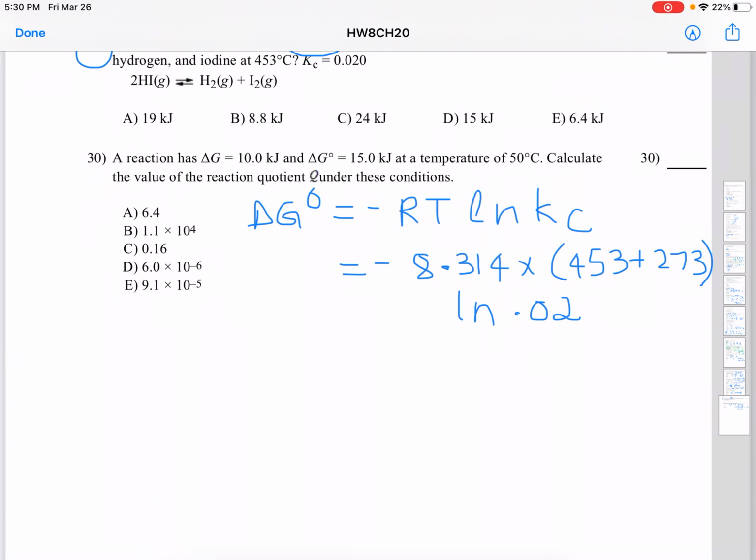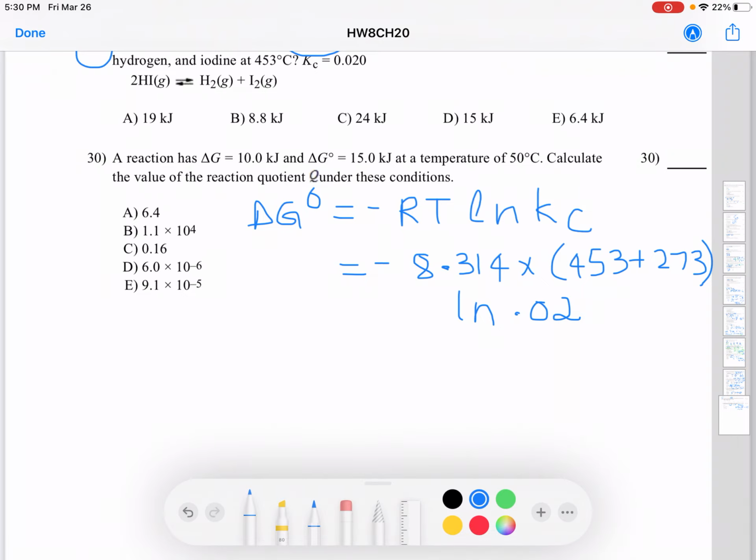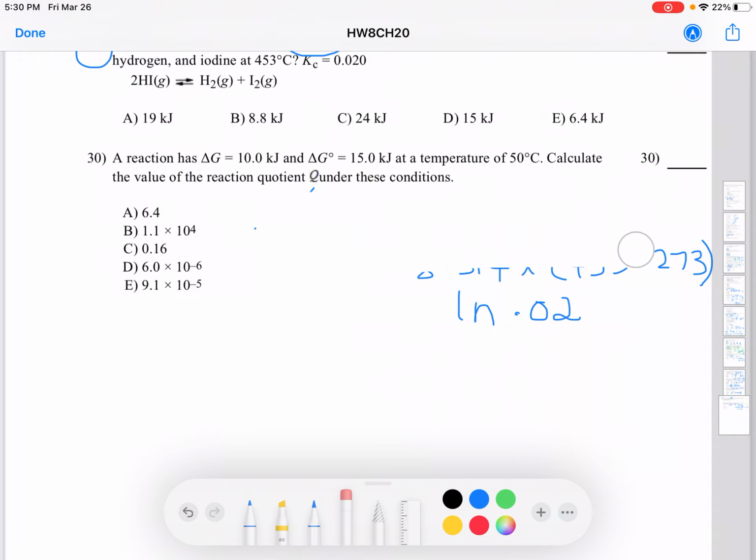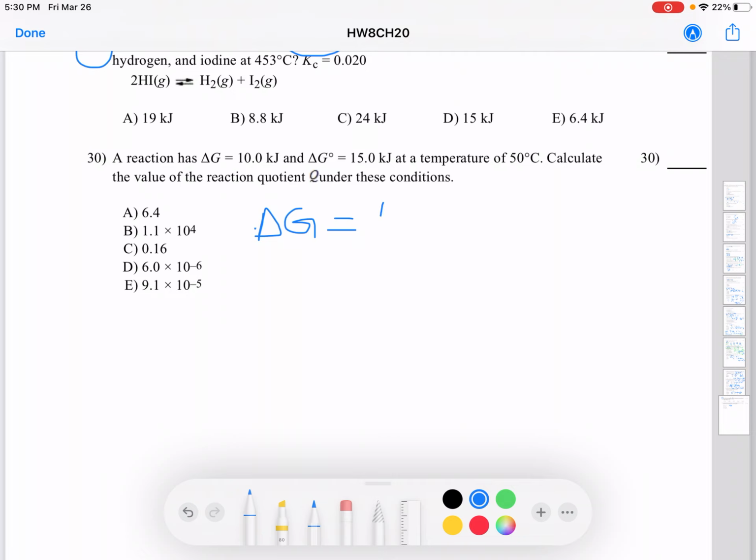Number 30, a reaction has delta G 10 and delta G naught 15. Calculate the value of the reaction quotient under these conditions. So for 30, we're going to be using this one here. We use delta G equals delta G naught plus RT ln Q, since it's asking to calculate the reaction quotient.